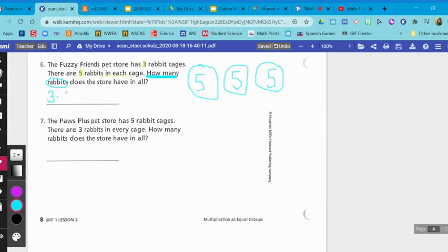There's my dot. 3 times 5 is equal to, and again, you can think 5 plus 5 plus 5, or you can count by 5s, 5, 10, 15. And our answer is 15 rabbits.